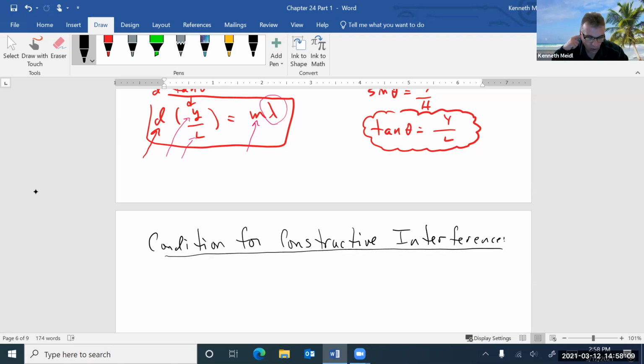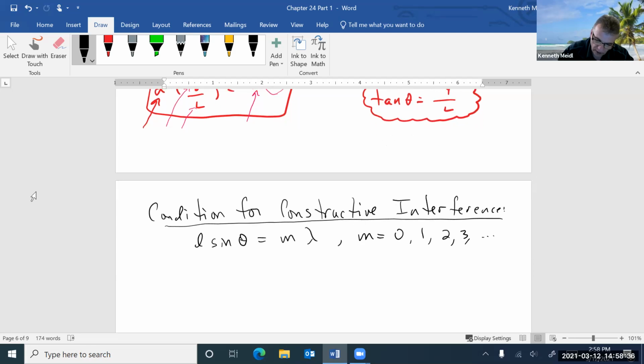So one wave has traveled a longer distance, and it has to be a whole number of waves. Or m could be 0, where they're landing in the middle and the 2 paths are exactly the same length. Or it's 1, or 2, or 3, and it actually goes on forever, but you just can't really see them. They become less and less intense.